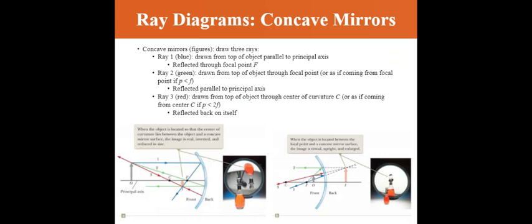So how do we figure out where the image is? Well, we have already seen the mirror equation, where if you know the object distance and the focal length of the mirror, they'll tell you where the image will be formed. There's another way to do this using ray diagrams, which are a quick and dirty way to figure out the image by drawing just a few incident and reflected rays at key paths through the axis.